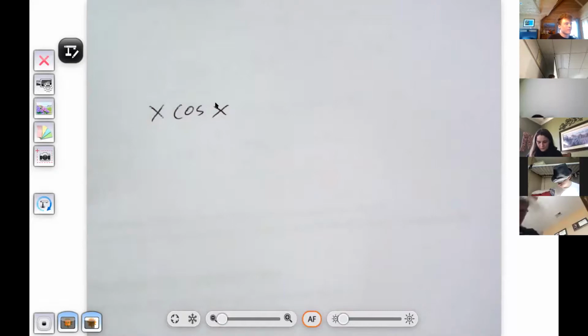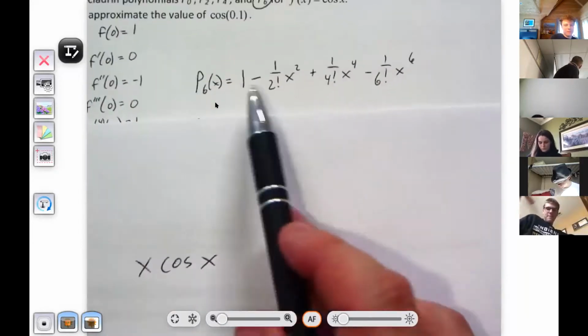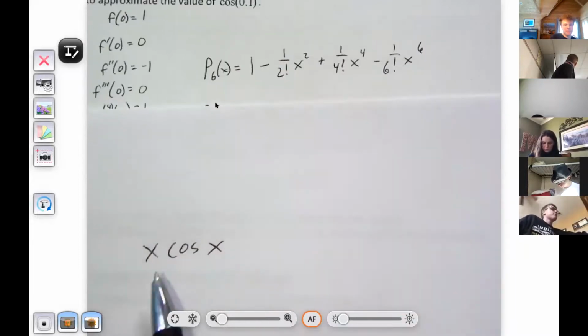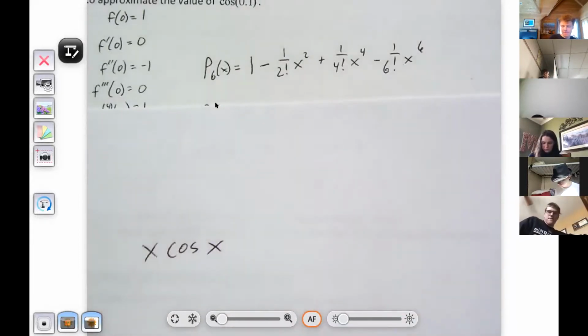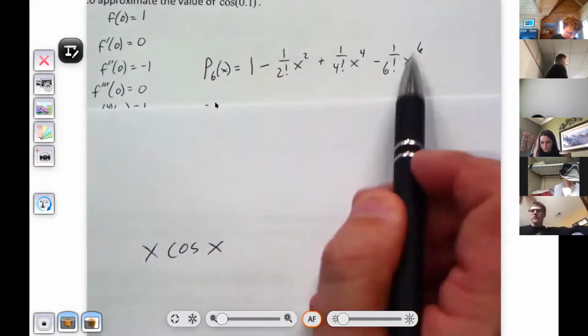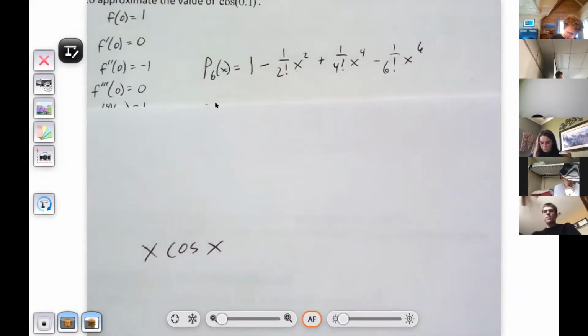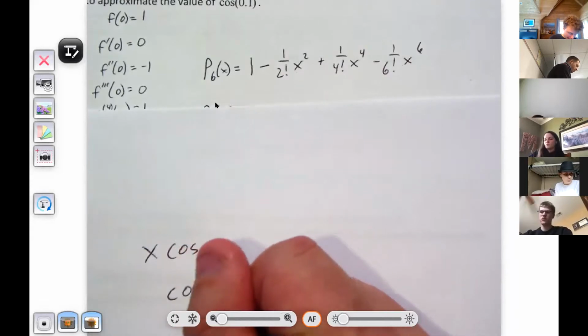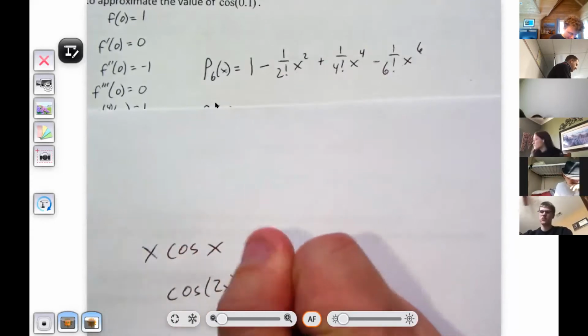If we know cosine and want an approximation for x times cosine of x, we're basically just multiplying every term by x. This is how they're going to transform using these things you have memorized. Or they'll say something like, find the approximation for cosine of 2x.